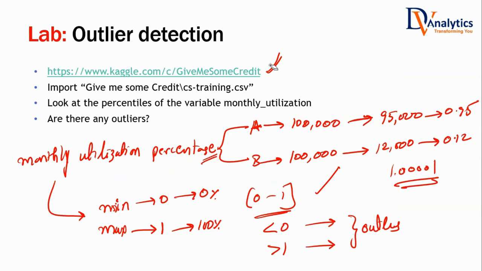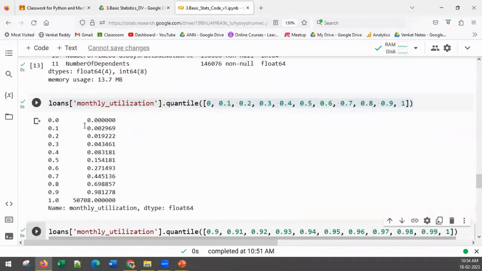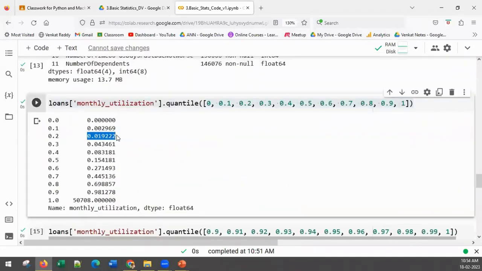Initially I thought it is in rupees. That's right. But if you see the values, you will get the idea. This has to be monthly utilization percentage.